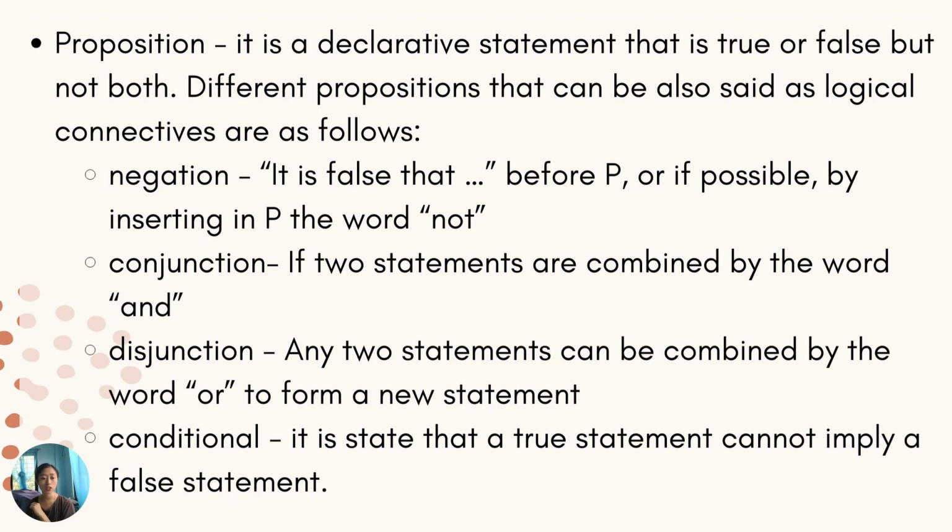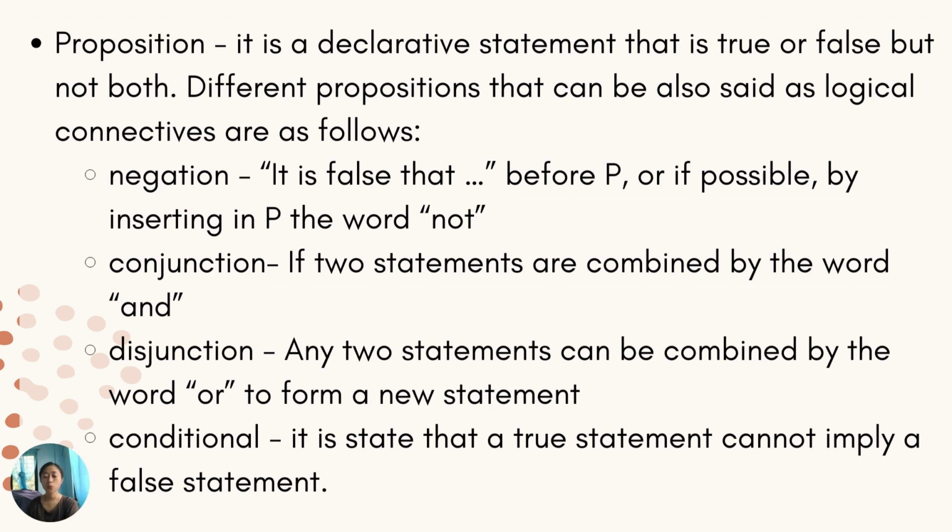Now, proposition: it is a declarative statement that is true or false but not both. Under proposition, we have negation. Kumbaga, it is false that P, or if possible by inserting in P the word not. Now, conjunction: two statements combined by the word and.